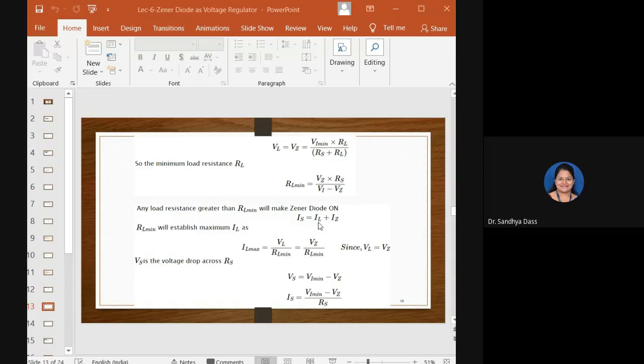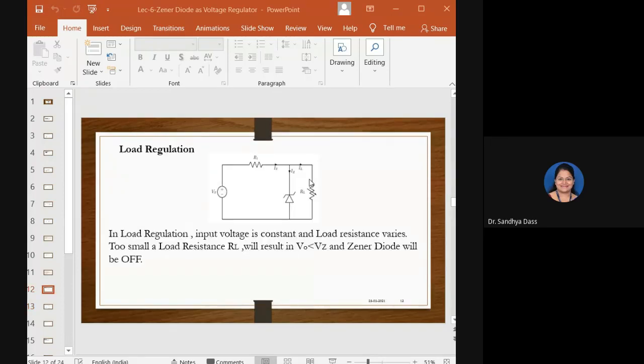Isn't it? So the maximum range of the load resistance can be established from IL, where we know that IL is equal to VL by RL.